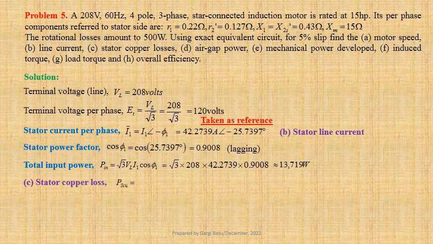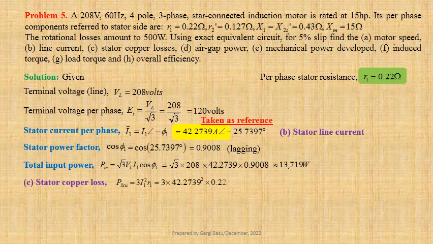Now we shall calculate stator copper loss. PS copper equals 3 times I1 square into R1, given per phase stator resistance R1 equals 0.22 ohm. Therefore, PS copper equals 3 into 42.2739 square into 0.22, which is approximately equal to 1179.4745 watt. Let us now determine total output power.